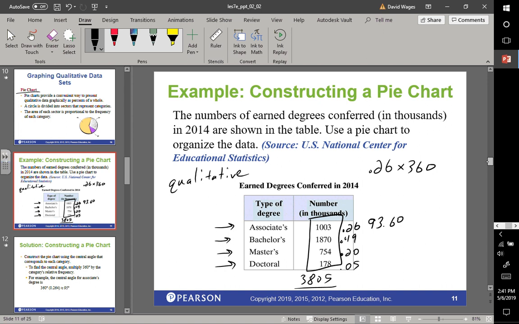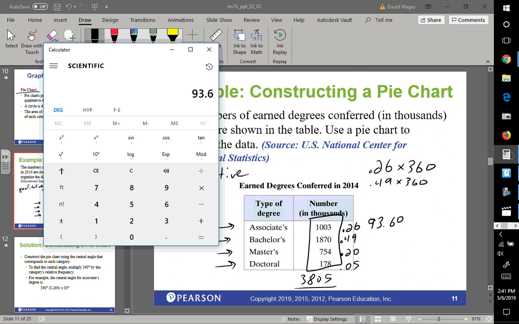Then we want 49% of 360. So 0.49 times 360, 176.4 degrees.